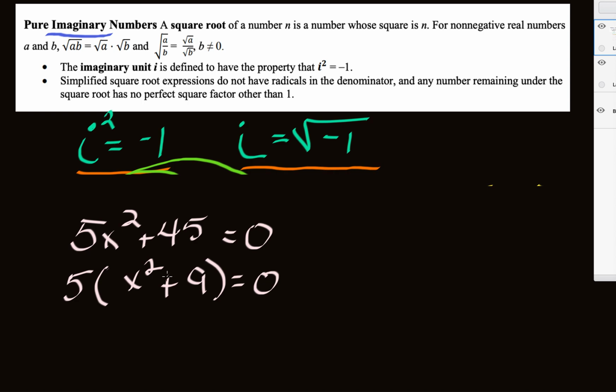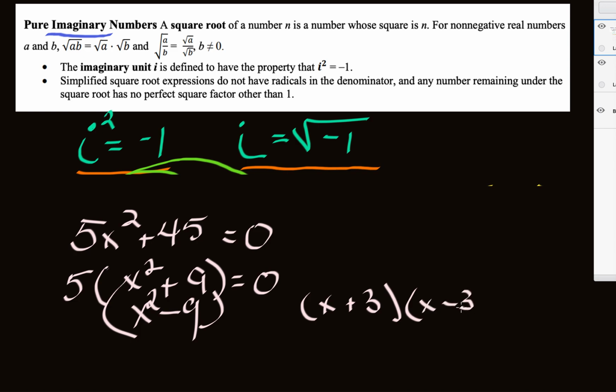Now, I'm going to tell you a secret. If this were x squared minus 9, it would have been super simple, because we know that x plus 3 and x minus 3 would equal x squared minus 9. All right? But that's not the case.